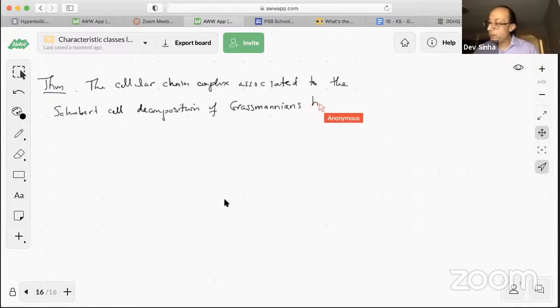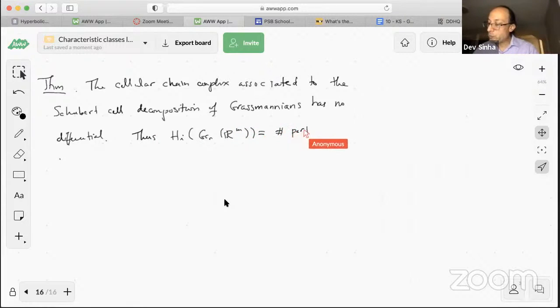has no differential, and thus the homology H_i of Gr_n(R^m) is equal to the number of partitions of i into at most, we can do it either way, but say into numbers which are all less than or equal to m minus n.